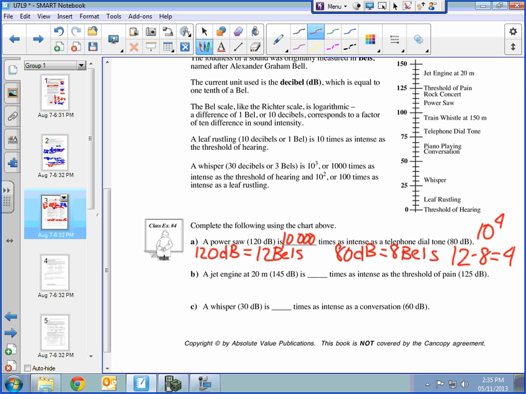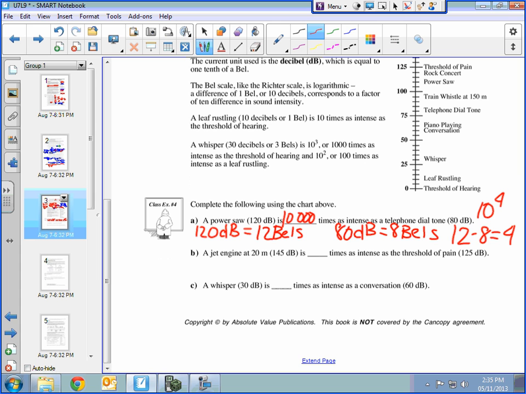Okay, so let's try this next one, guys. If I have 145 decibels, how many bells is this? Yep. And if I have 125 decibels, how many bells is it? 12.5.